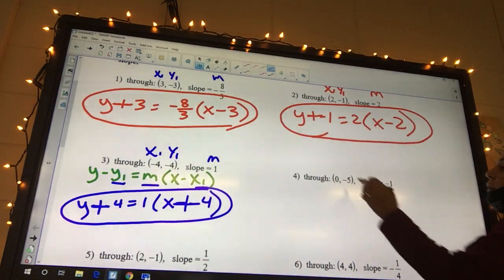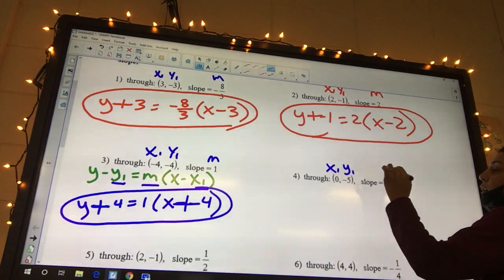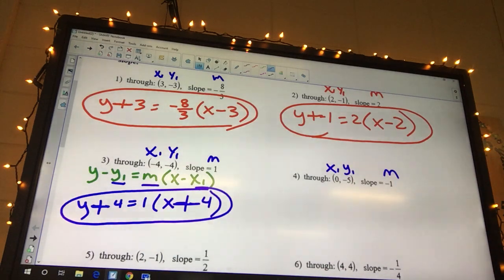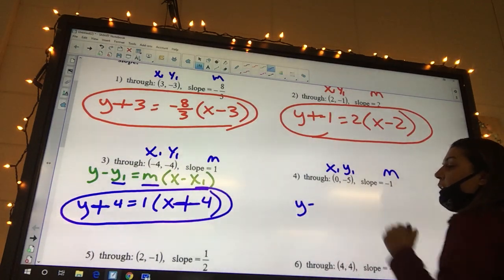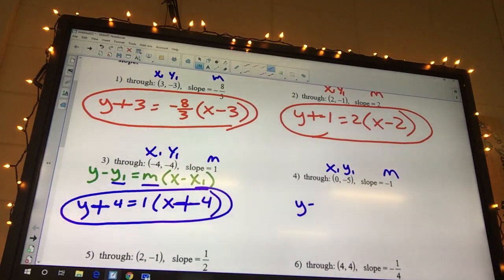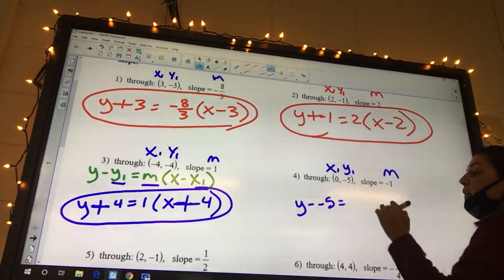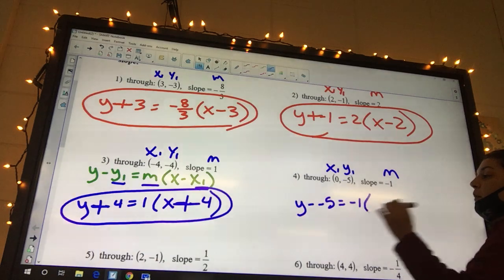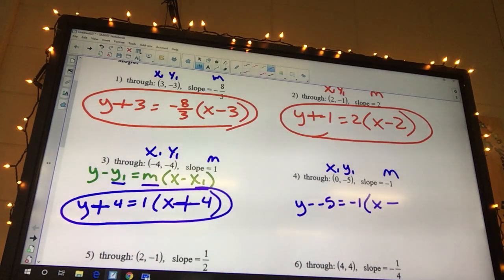If we look at 4, our very first thing we're going to do is label x sub 1, y sub 1, m. So we got y minus our y1 is negative 5 equals m is negative 1, parenthesis, x minus x1 is 0.